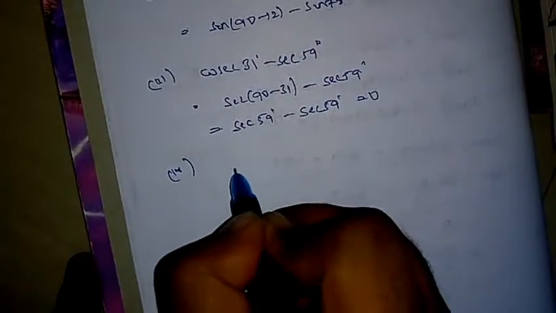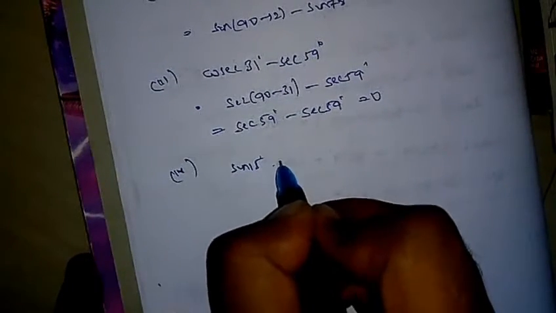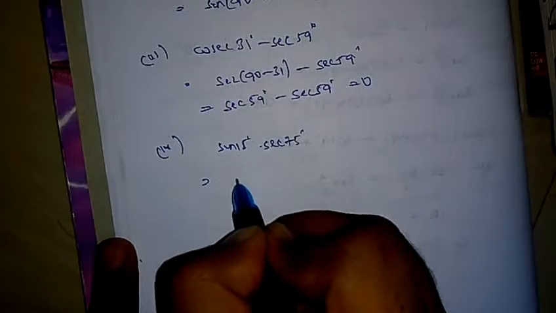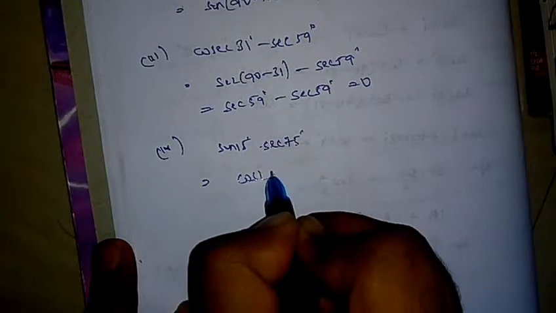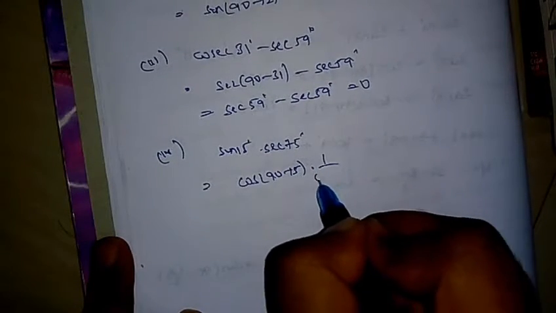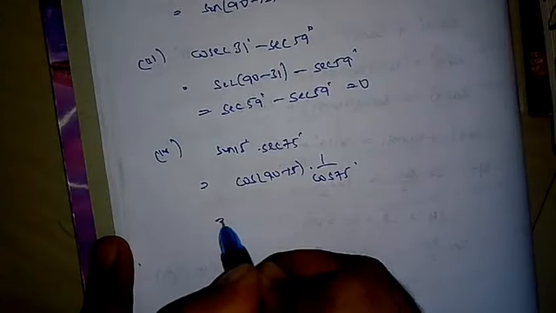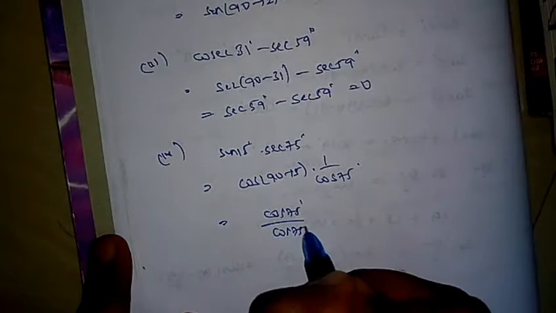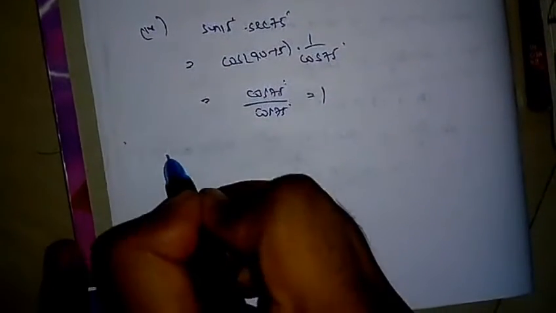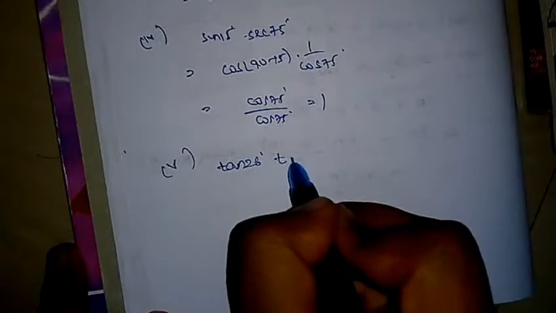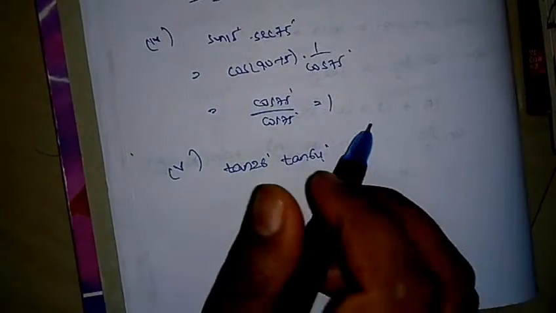Fourth bit, sin 15 degrees into secant 75 degrees. You know that sin 15 degrees can be written as cos (90 minus 15), and secant 75 can be written as 1 by cos 75 degrees, which is equal to cos 75 degrees by cos 75 degrees, which is equal to 1. So fifth bit, tan 26 degrees into tan 64 degrees.